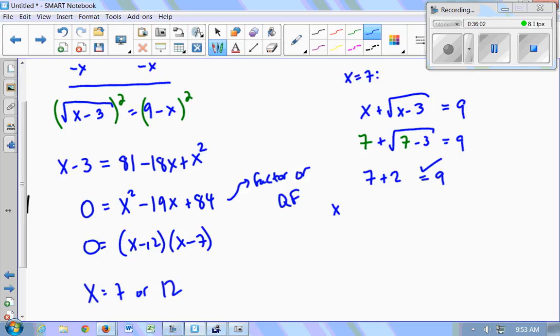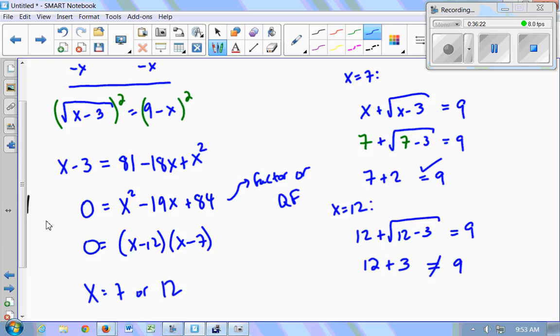But then if I try x equals 12, I get 12 plus the square root of 12 minus 3. Yeah, so 12 minus 3 is 9. The square root of 9 is 3, and that does not equal 9.